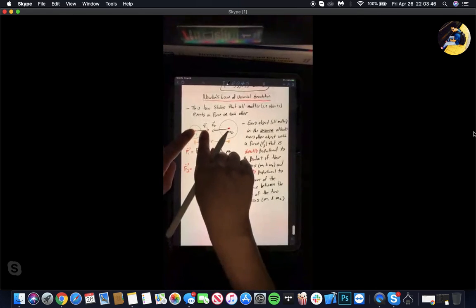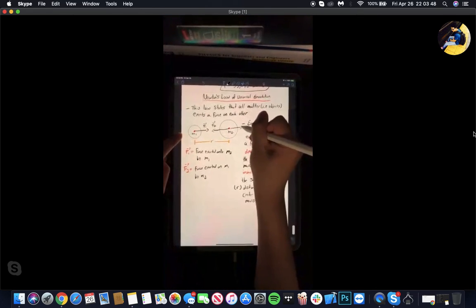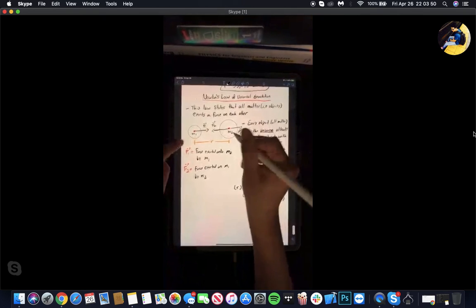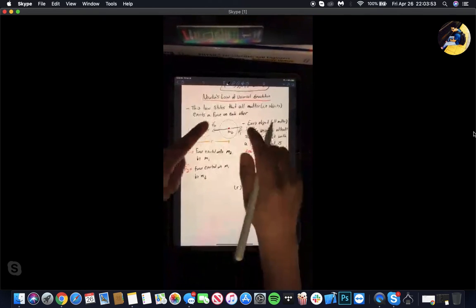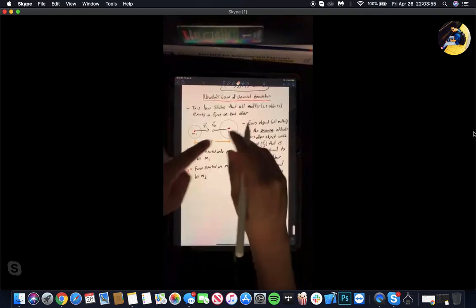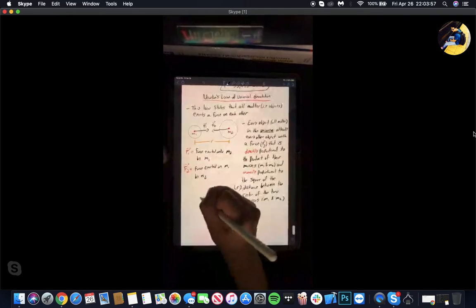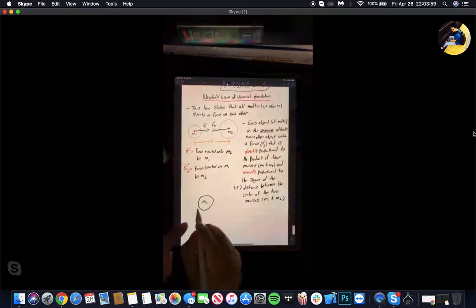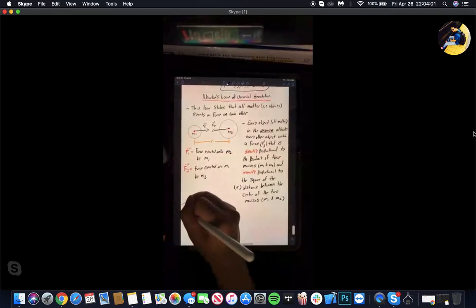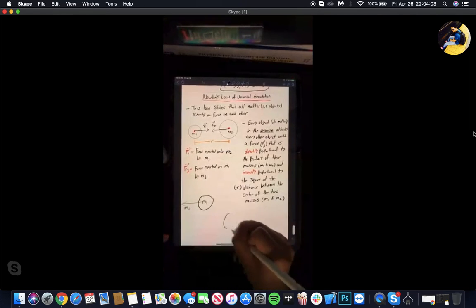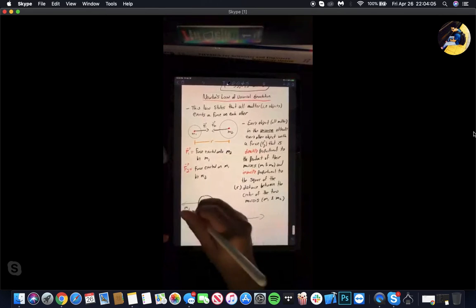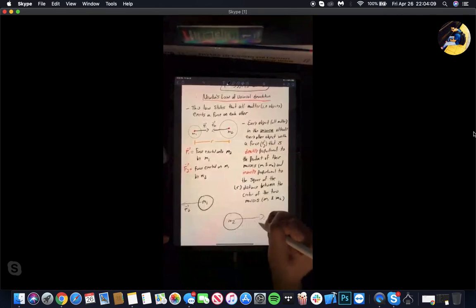So these forces will probably appear that way as F1 and F2, but they'll be separate. So M1 again, drawing it again. It would have a force that way. And then M2 would have force 2. This is the third law.